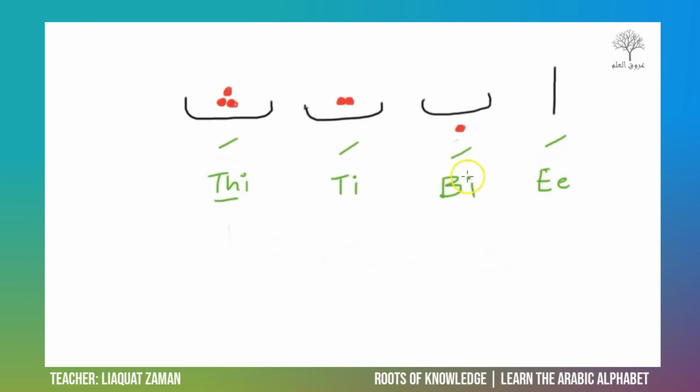So e, bi, ti, and thi. Let's have a go at combining these together. Let's say, for example, we have this shape, and this shape, and this shape.